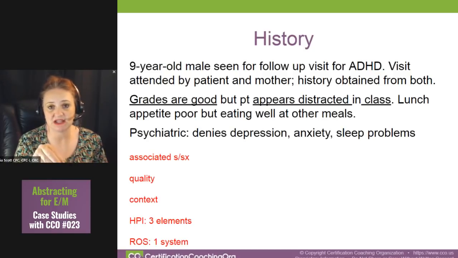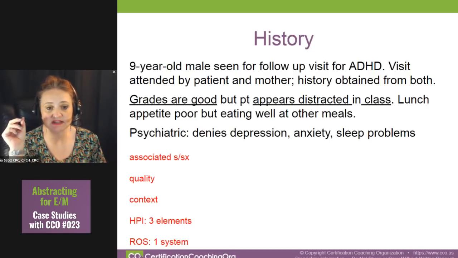So we know the patient has ADHD, and the associated signs and symptoms are going to be that our grades are good. That's a sign and symptom. That's excellent, because a lot of children with ADHD don't get good grades, because they can't seem to focus in a standard type of testing atmosphere or even pay attention during a class period.